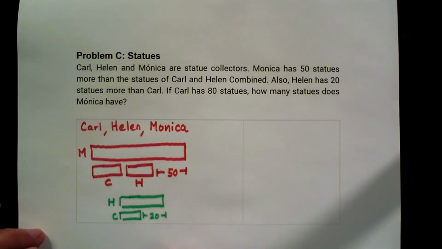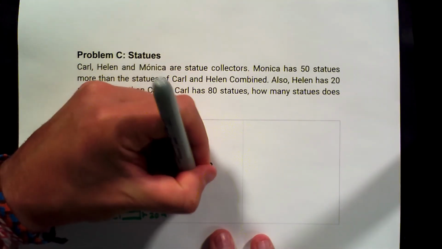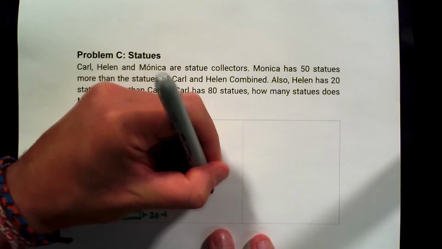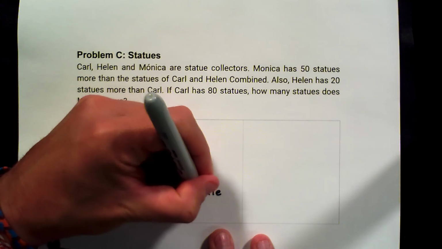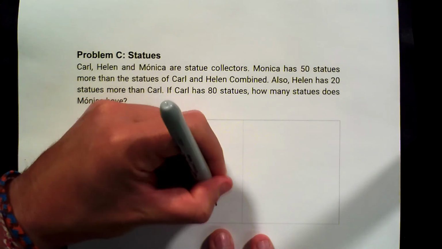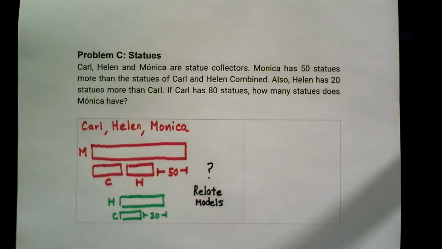Okay. And so now the natural question is, how am I going to relate these two models? So how can I relate these to produce extra information? And so I'll give you some seconds to think about it.